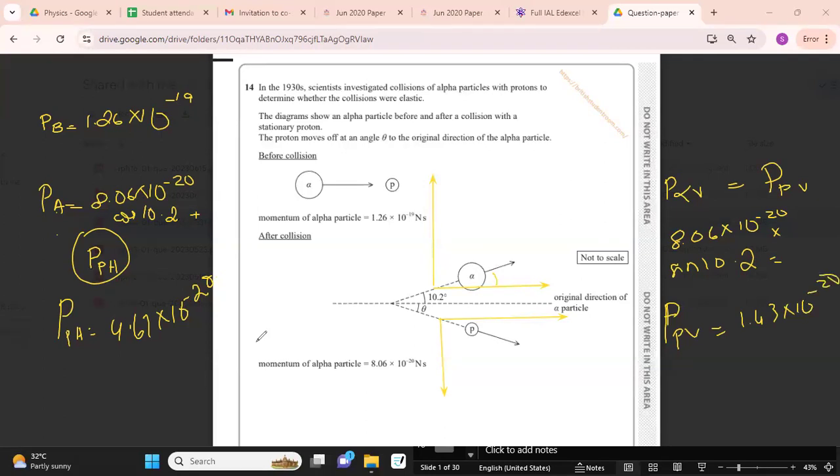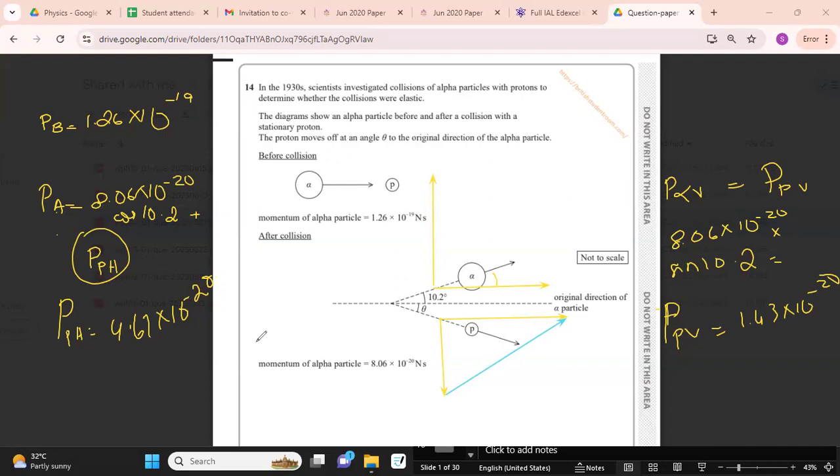Now that we have the horizontal component and the vertical component, we can figure out the resultant by using our Pythagoras theorem. We can simply square both the sides and get our answer.